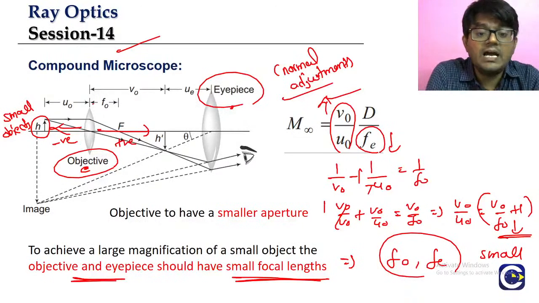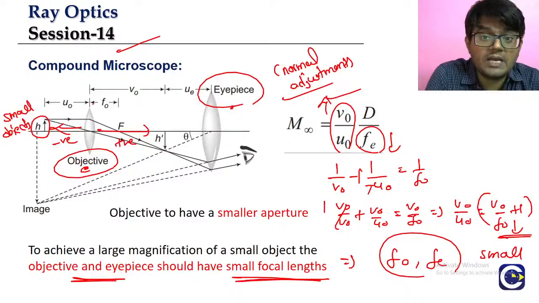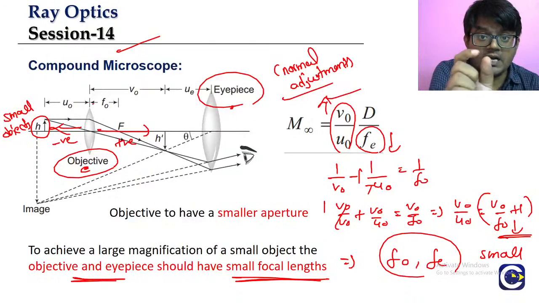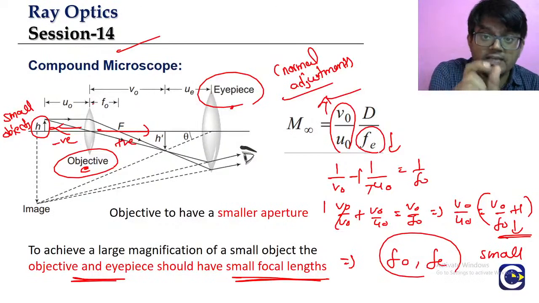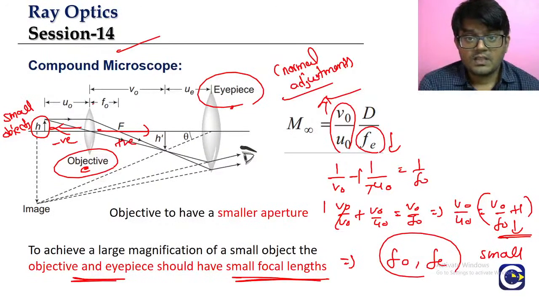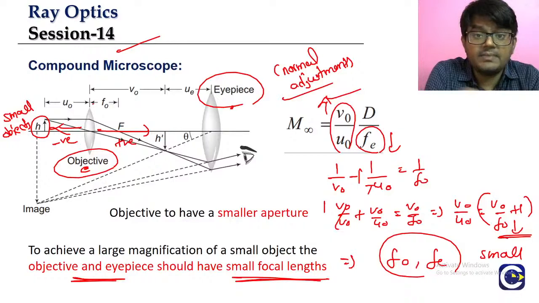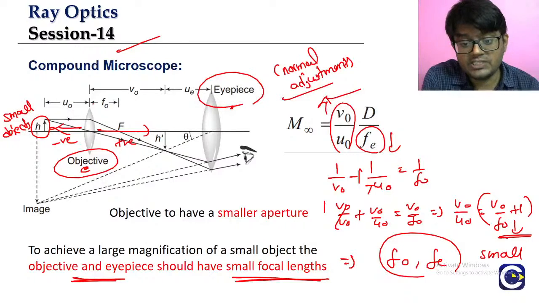Because if you have a larger aperture, we will be having aberrations, because here the object is very, very small, and the light rays emerging from the object will be coming through a very small area. So we require a lens with a smaller aperture so that we can avoid the aberrations.